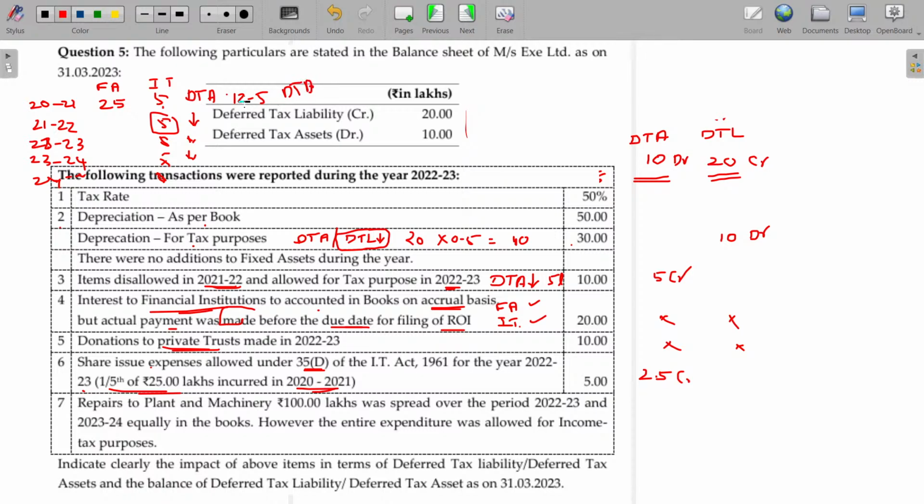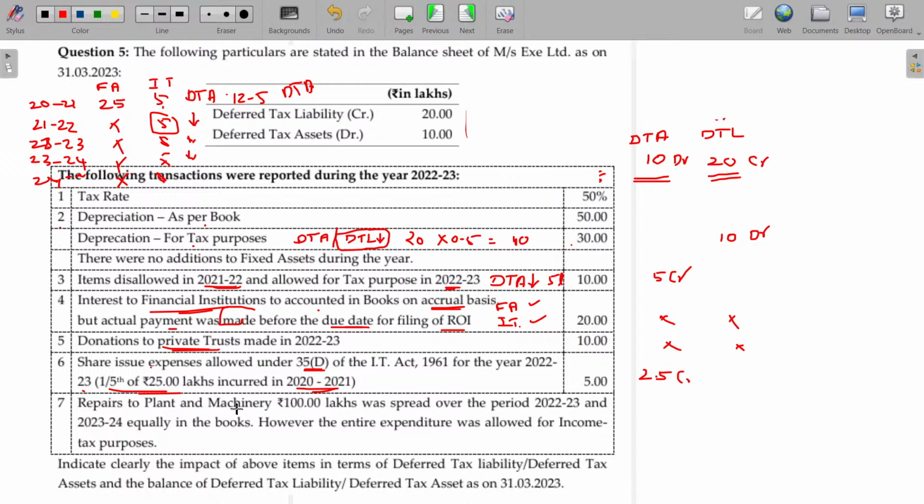Every year after, you are reversing that. You are not debiting in your P&L account because it was completely debited, but for taxation you are debiting 5 every year, which means your profit for taxation is lower and you pay lesser tax. Lesser tax means it was supposed to be payable later, but it is not, as it was already paid earlier. So it is a reversal of DTA.